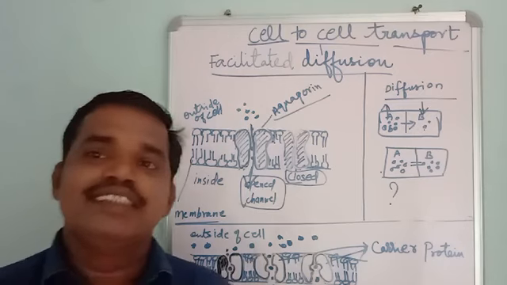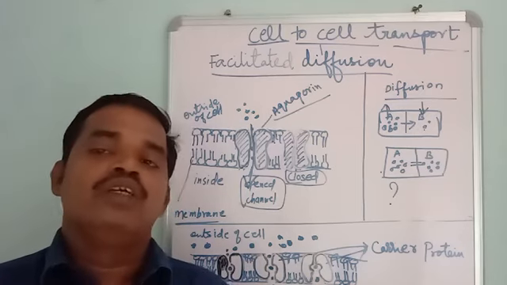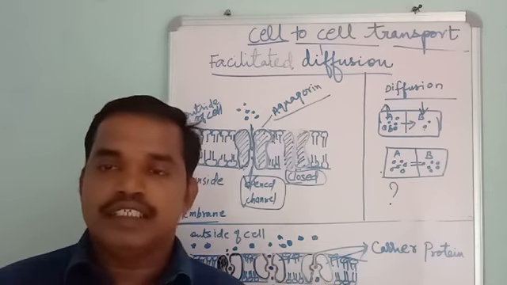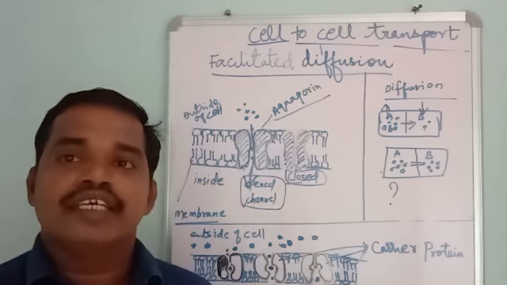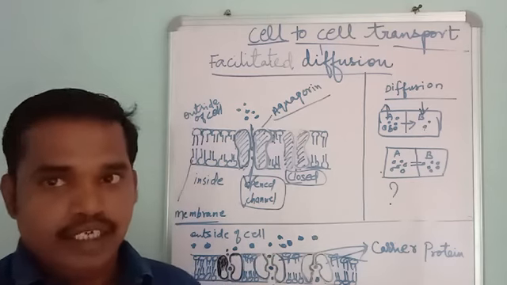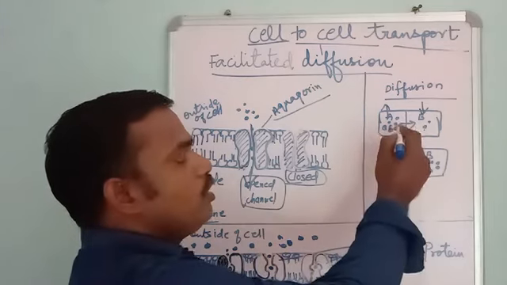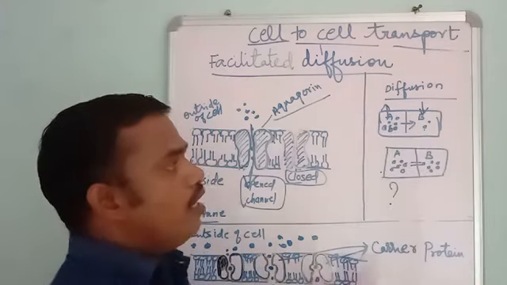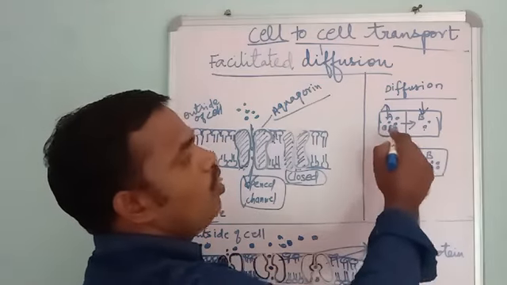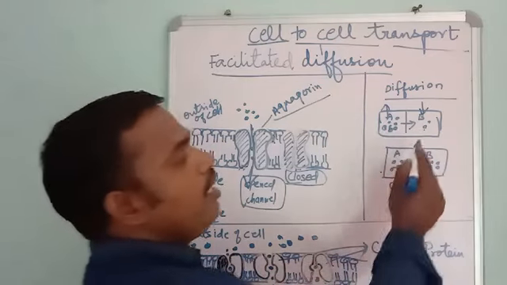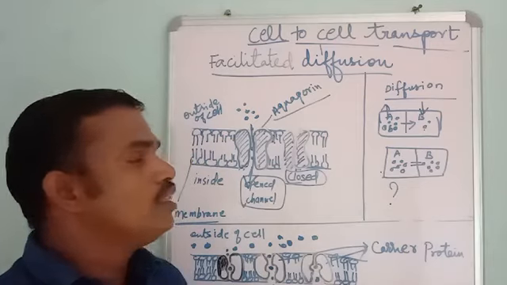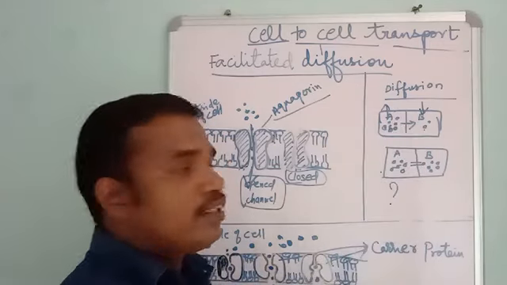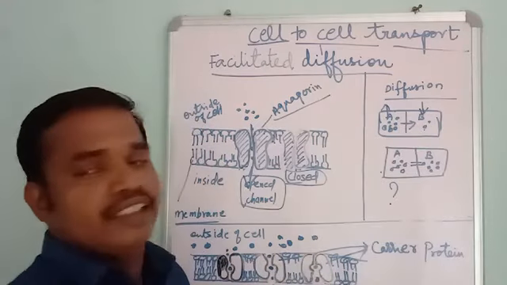What is diffusion? Diffusion is the movement of substances from a higher concentration to a lower concentration. Look at this diagram of diffusion, region A and region B. Here the number of solute molecules is more in A and less in B. So the concentration is higher in region A and lower in region B. What happens?